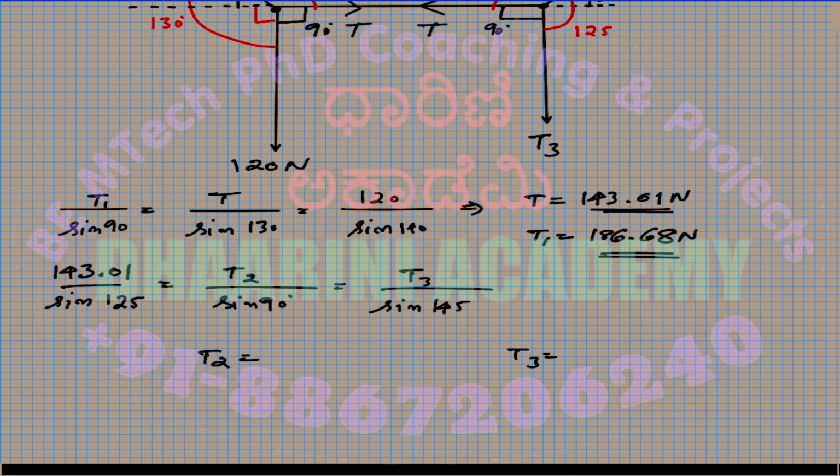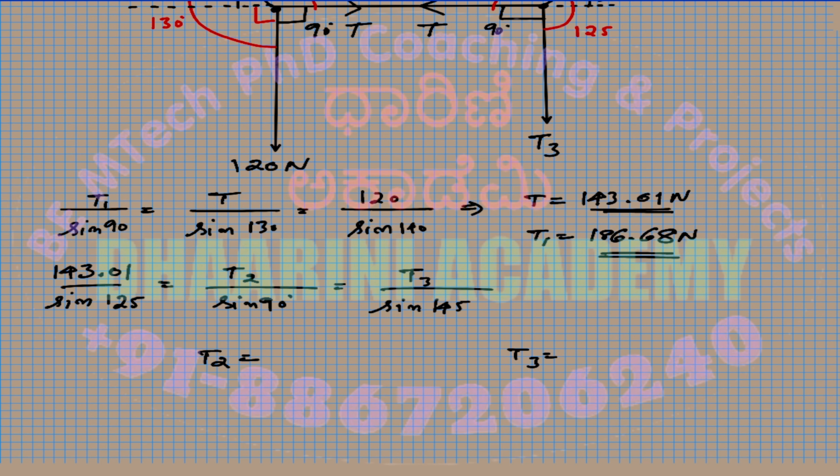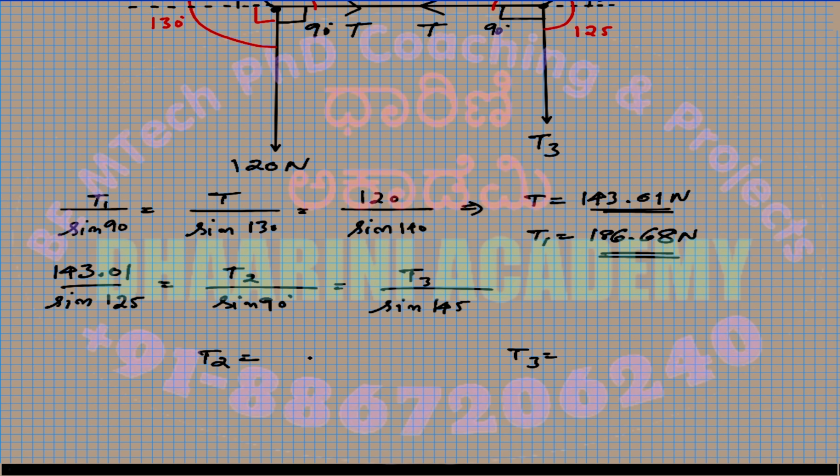So let's calculate. T2 is equal to 143.01 divided by sine of 125. Okay, so T2 comes to be 174.58 newtons.